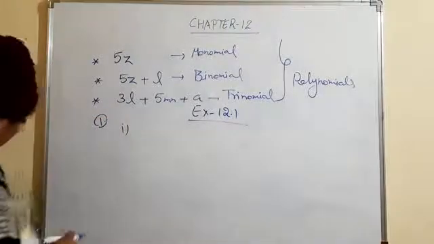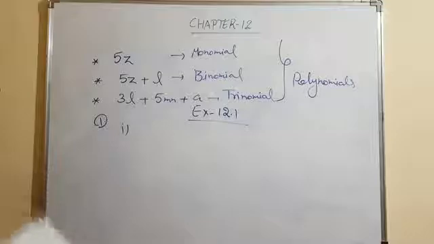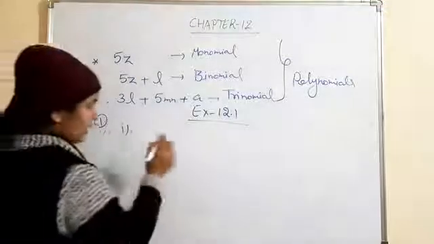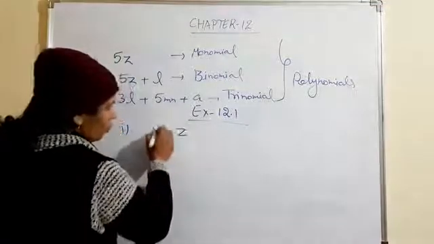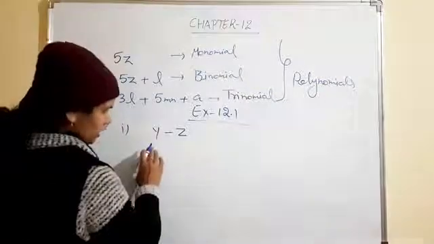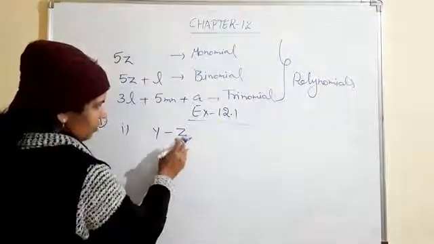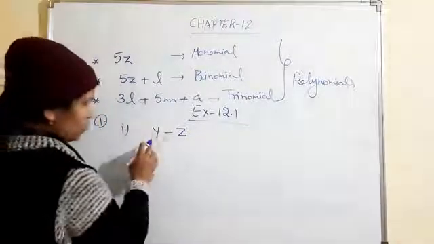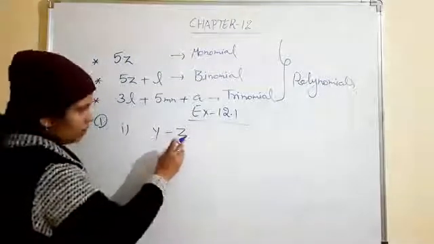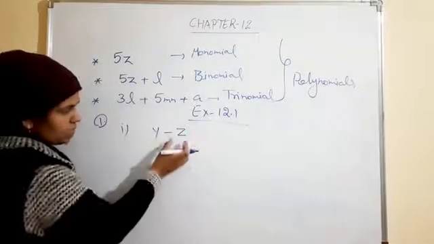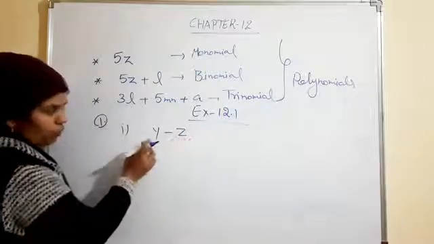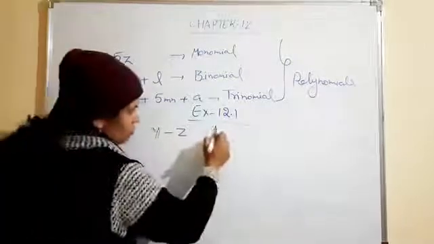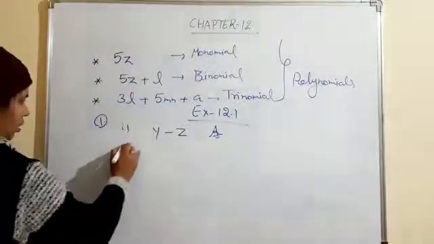The first one: subtraction of z from y. That means, according to the statement, we have to subtract z from y. So first write y, then put a minus sign and then z. This is the expression for the first statement.